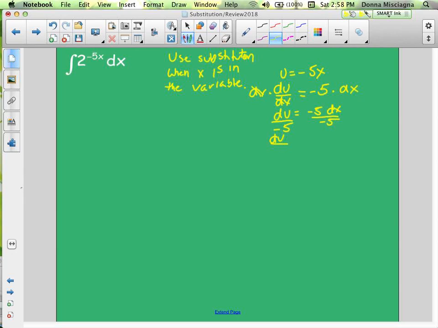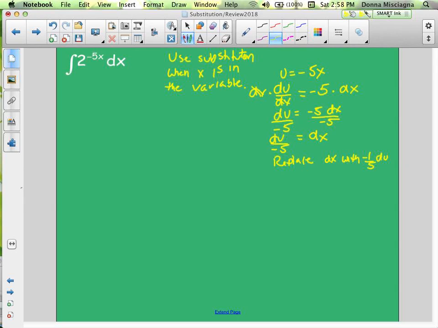So you're going to replace the dx with, and you can make it like this, negative 1/5 du. All right, so you need to replace that. So if you can have a constant, right?